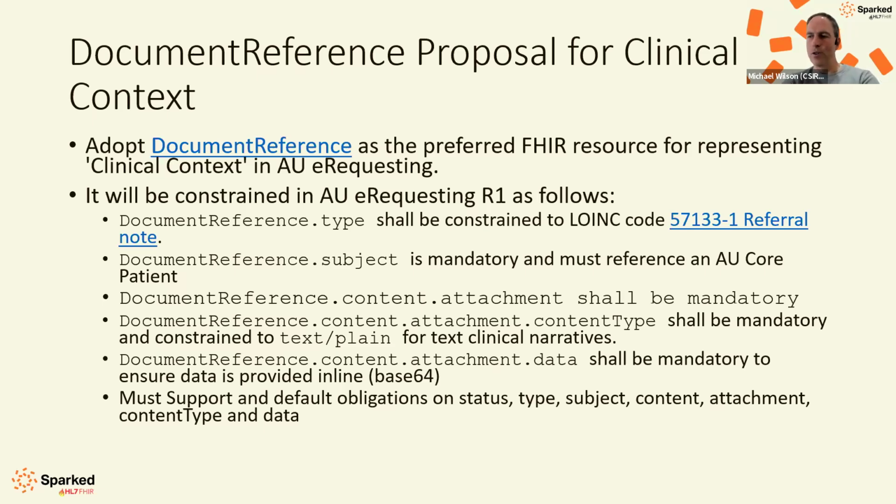So that's the additional complexity here about dealing with a document reference. It's really set up to reference a document of any type. We want to lock it down and say, look, we only care about text. This is only a way to hold the text narrative of the clinical note. So this sort of shows the difference in the complexity between the two.